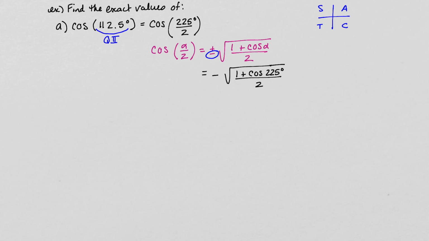Now I just have to look up the cosine of 225 degrees. Minus root 2 over 2, yep. So this is equal to minus the square root of 1 plus minus root 2 over 2, all divided by 2.